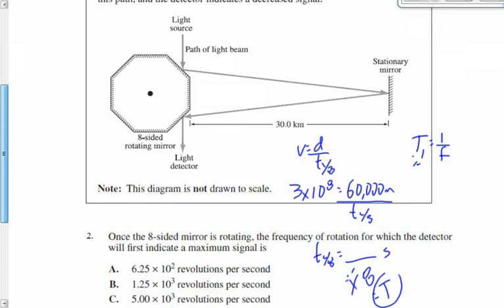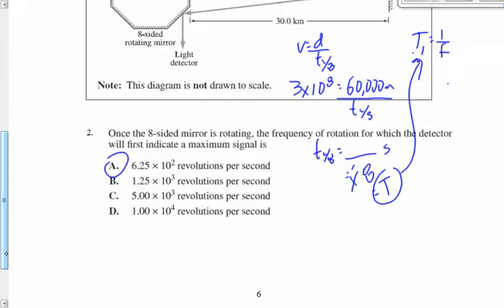big T. Plug the value of big T in there, solve for the frequency. When we do, I'm going to tell you right now it's going to be 6.25 times 10 to the 2 hertz. I know that because I have the answer in front of me right now, because I calculated it, and because I can make a pretty good guess that it's the right answer.